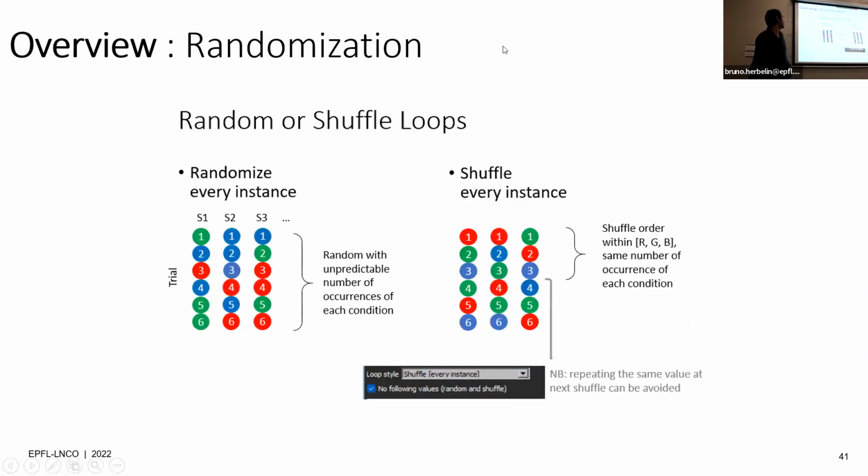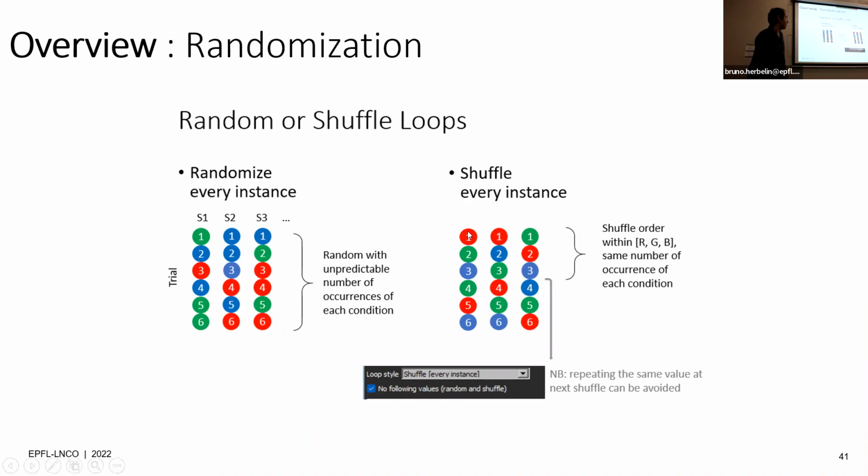We also have classic randomized, meaning you can have the same condition several times in a row, because randomized doesn't guarantee a balanced appearance. You have shuffle. This one is the most commonly used because most of the time you want balanced randomization.